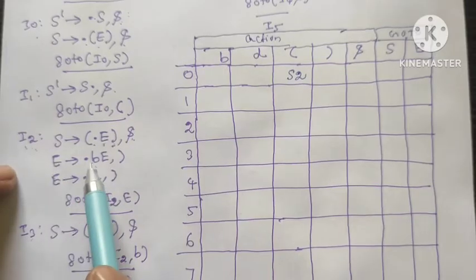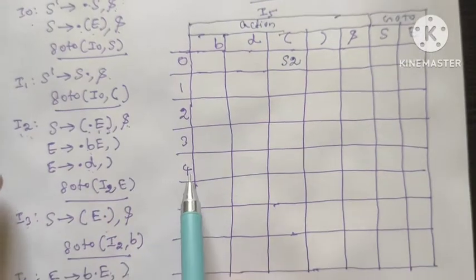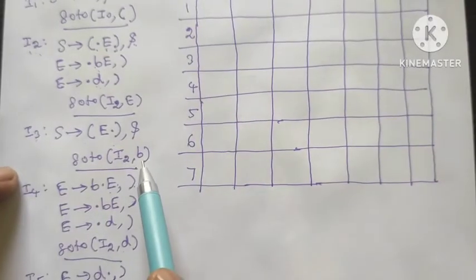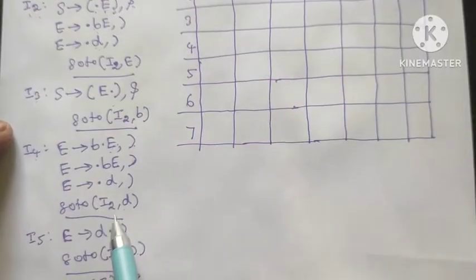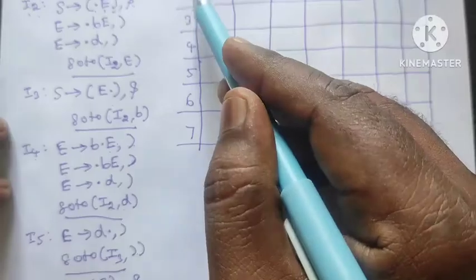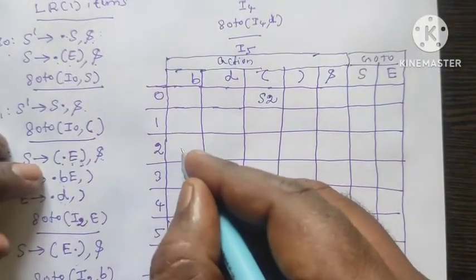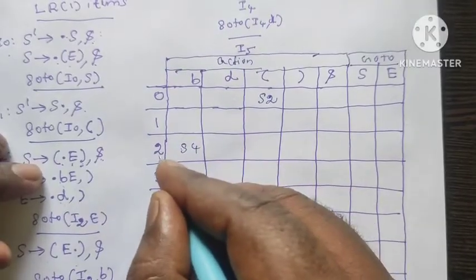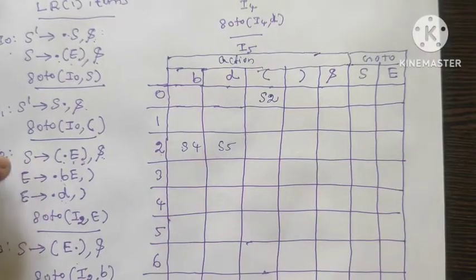So go to of I2 comma B and I2 comma D. Go to of I2 comma B produces I4 and go to of I2 comma D produces I5. So write S4 and S5. S means shift.